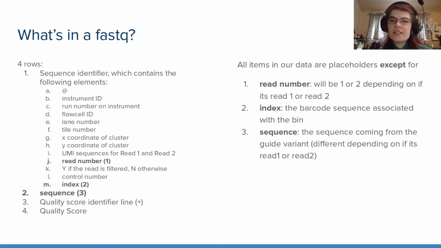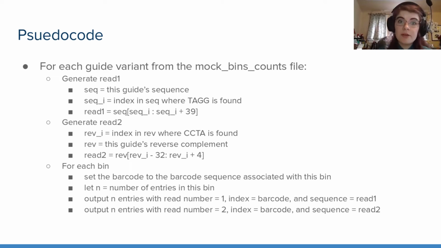So the text on this slide is a bit specific and technical, so I'm going to give a really high overview of how we would go about generating this, and then I'll show how this works with an example. For each of the guide variants from the mock bin counts file, so all of our 1700 guides, the first thing that we're going to do is generate read 1, then we generate read 2, and then for each of the separate bins, we will tag the barcode on to our entry.